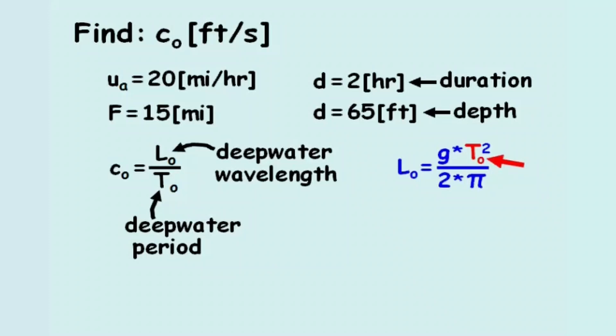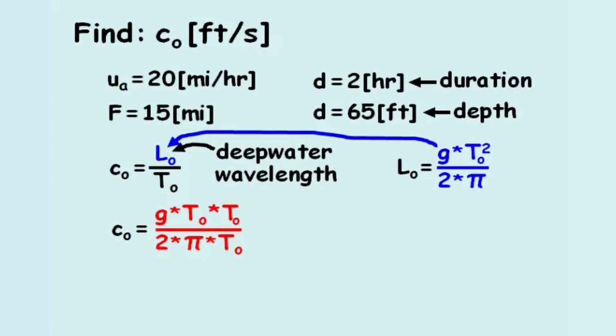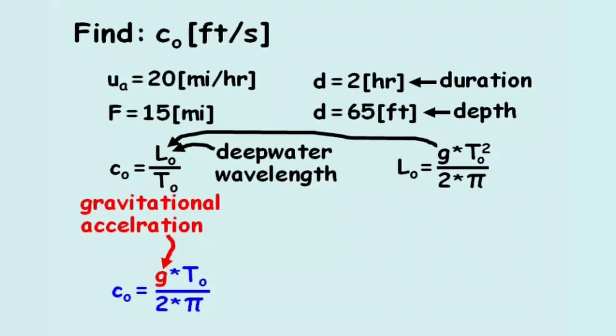Therefore, we can substitute this value of L0 into our equation for the deep water wave celerity, C0. After simplifying by canceling out a T0 term, C0 equals g times T0 over 2 pi. Variable g represents the constant of gravitational acceleration and equals 32.16 feet per second squared.